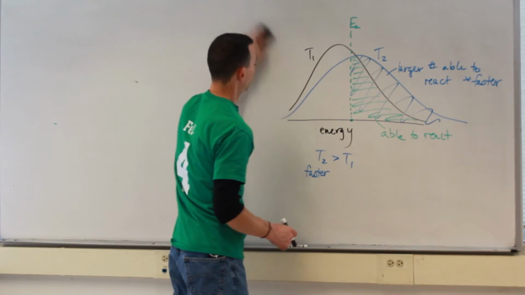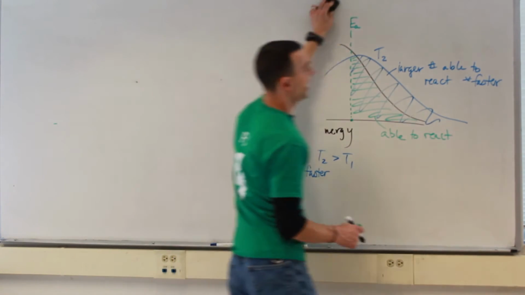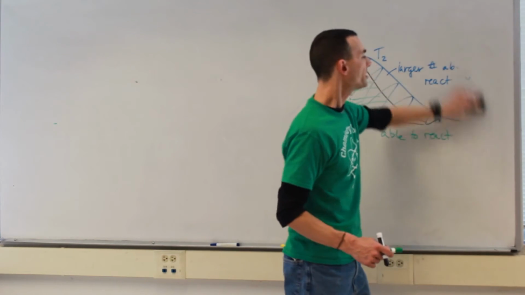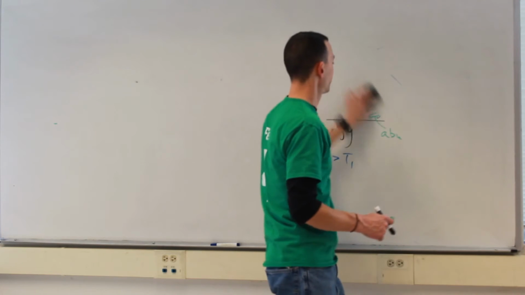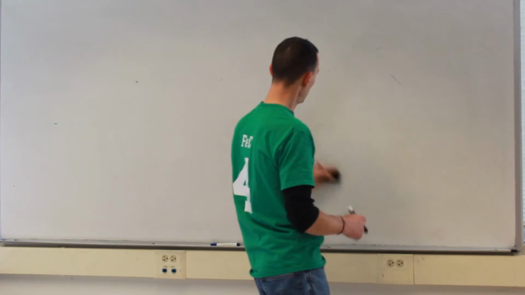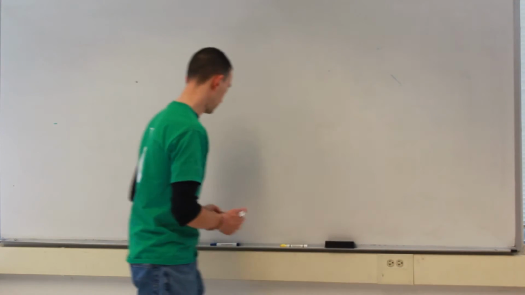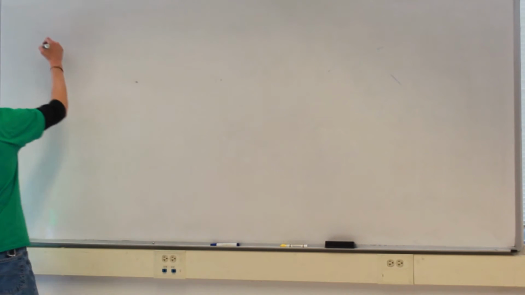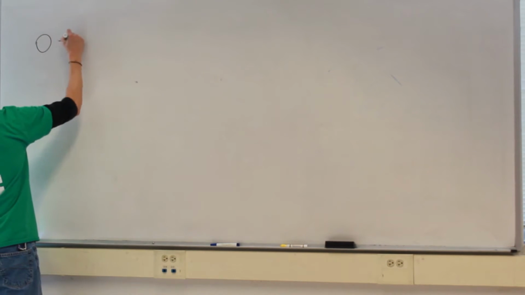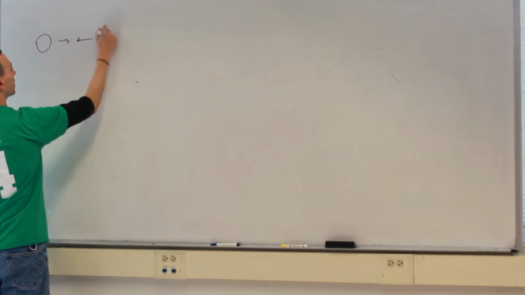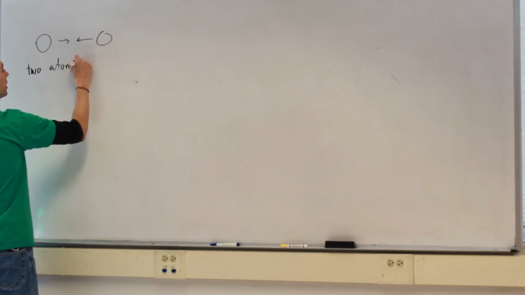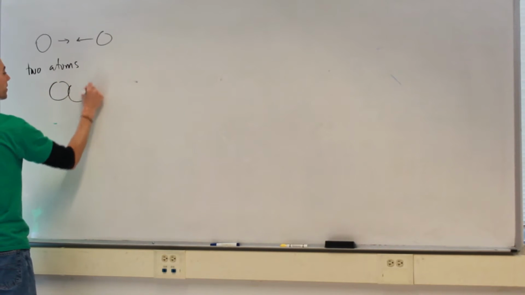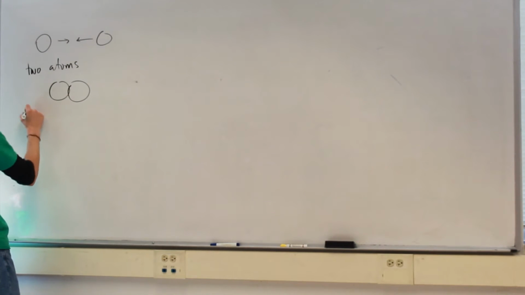So in all the possible things that can happen in chemistry, it turns out that very few actually are reactions that involve just two simple little particles colliding. So, consider two atoms that might have to collide with each other. And they're going to bond together, right, to form the product.